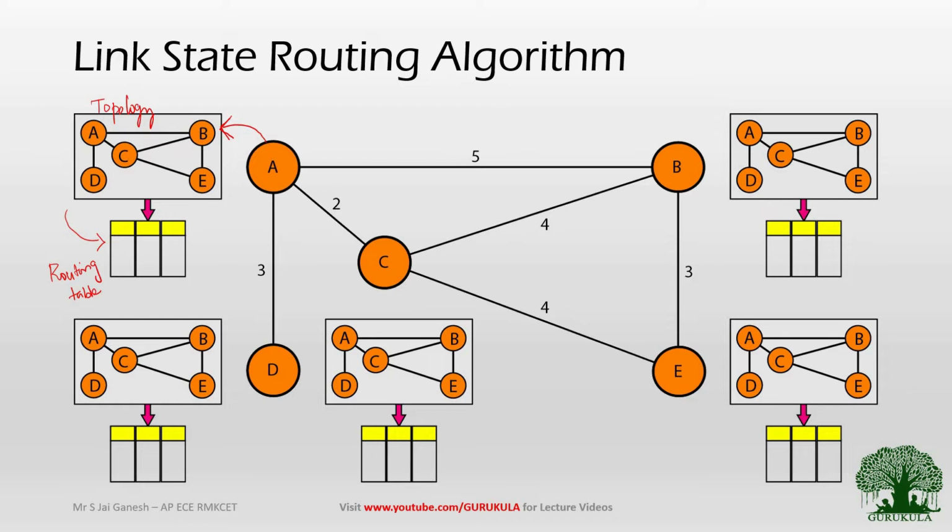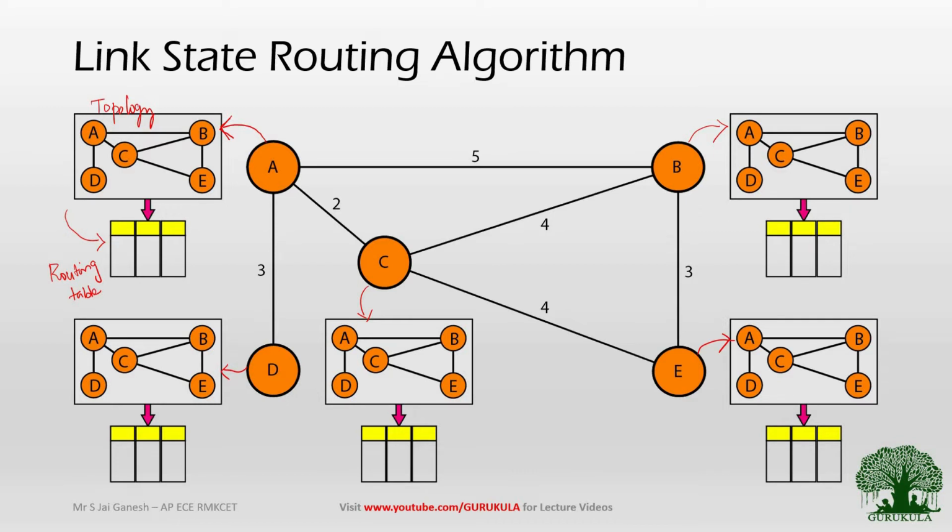So as you could see in the figure, A also knows the complete structure, which means the topology. B knows its topology, and C also knows its topology, and D is also getting the same topology, and E is also getting the same topology.